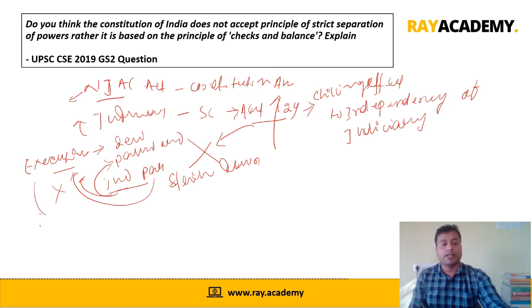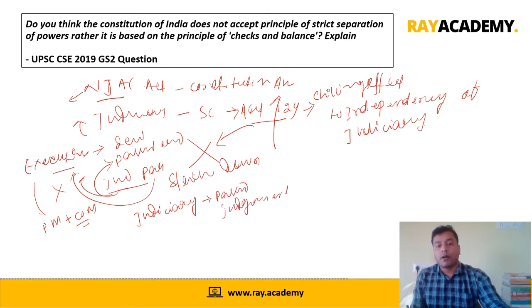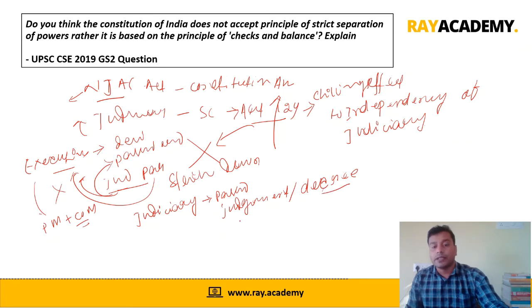When we talk about the union executive, it is primarily the prime minister plus the council of ministers. Similarly, let's say the judiciary has passed a judgment, or passed a decree, which it is not supposed to pass. Then what will happen?